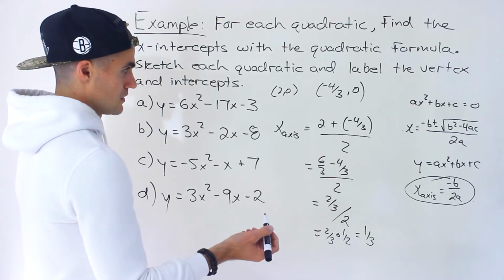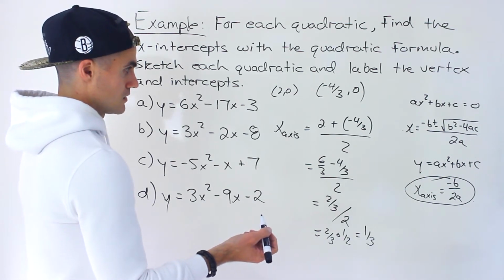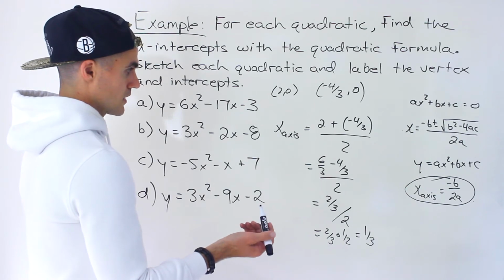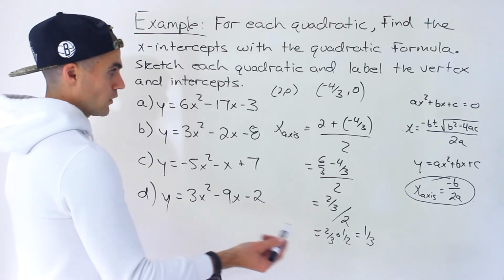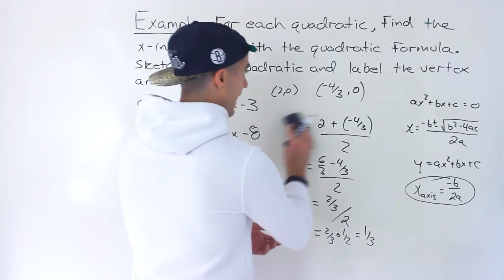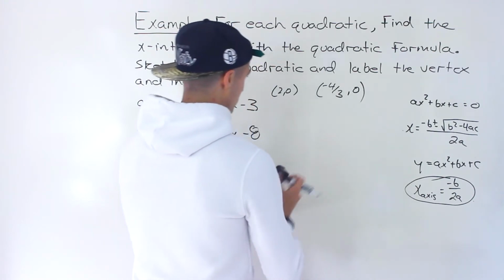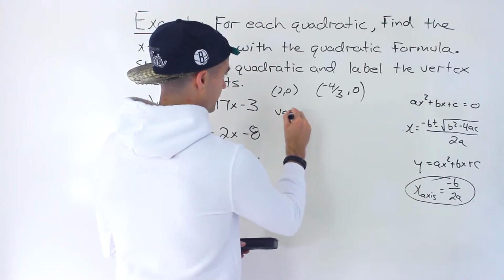Just give me a sec, let me check, yes, looks correct to me. So 1 over 3 would be the x value of the vertex.